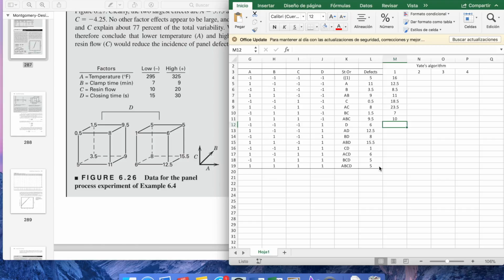The next step is the following. You're going to subtract the second one minus the first one. You have to respect this convention. So it is the second one minus the first number.